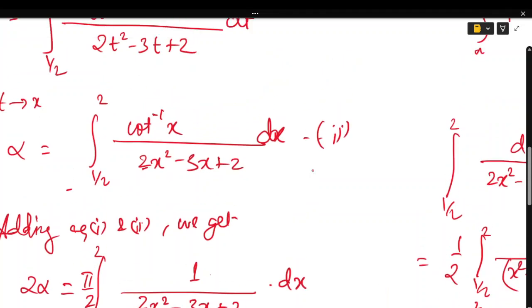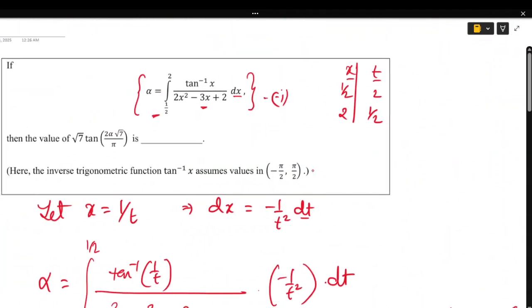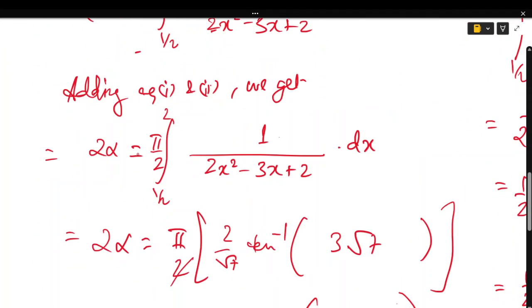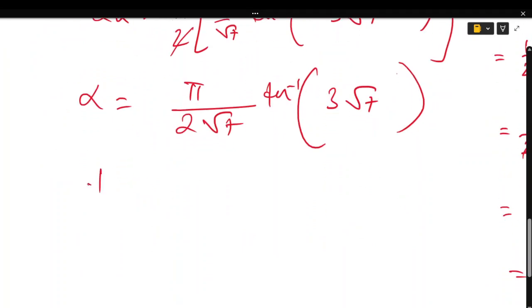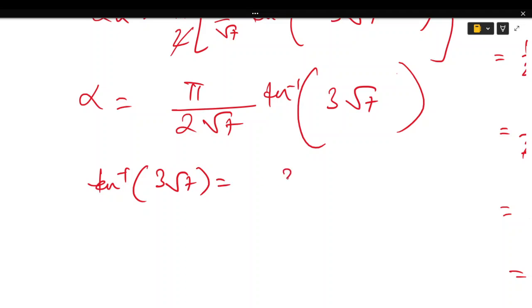Now one needs to calculate the value of this. It's tan 2 alpha root 7, right? So if we try to take tan inverse on one side and the rest term on the other side, so tan inverse 3 root 7 will be equal to 2 alpha root 7 by pi.